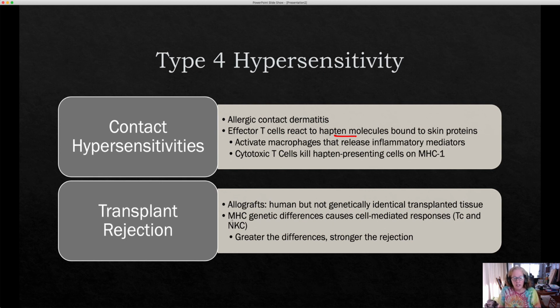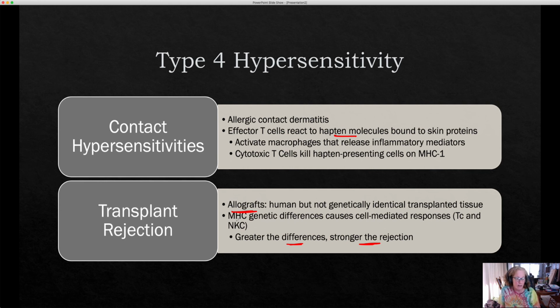Here, genetic differences in the major histocompatibility complex are going to cause cell-mediated responses to react. This includes cytotoxic T cells or CD8 T cells and your natural killer cells. The greater the difference is, the stronger the rejection is going to be. An allograft is when they take a human tissue from one person and insert it into another person.